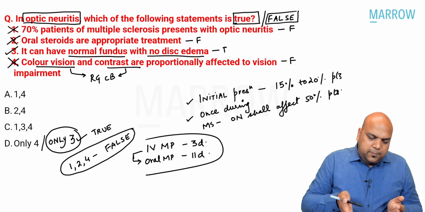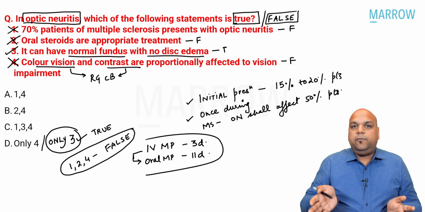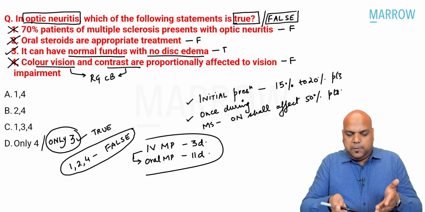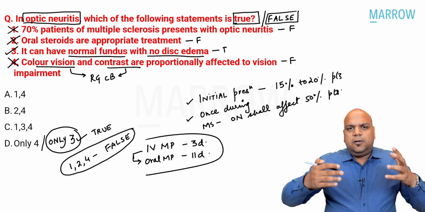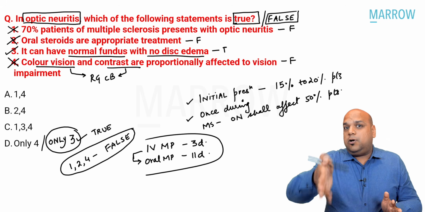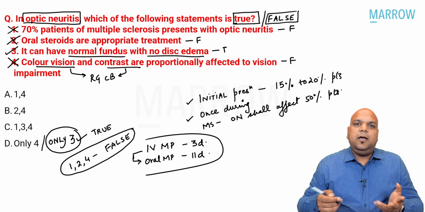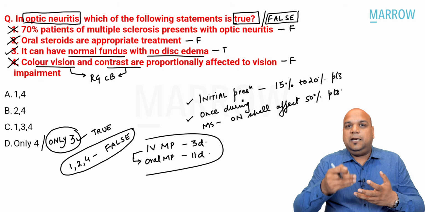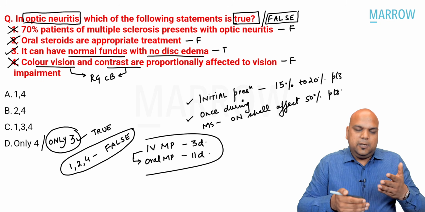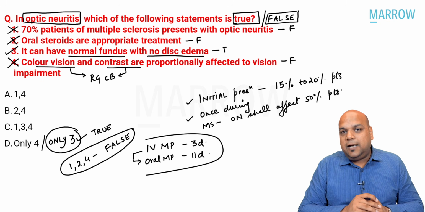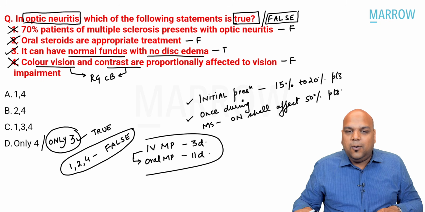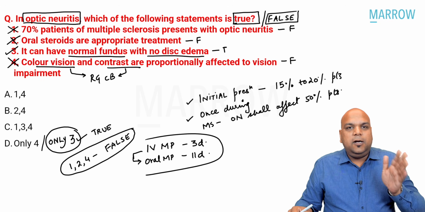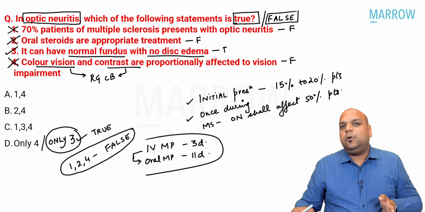So even though the options given to me are 1, 4, 2, 4, 1, 3, 4, and only 4, the statements may not have been numbered as I have been told them. So see, in such questions, to arrive at the appropriate answer, what was asked in your question is very difficult, because there are, first of all, A, B, C, D options. You may be jumbling them up, and then you may be jumbling even the options, right? But what we know is what is true and what is false. The options we know. So only 3 is true, 1, 2, and 4 are false. Any of the two answers would do.